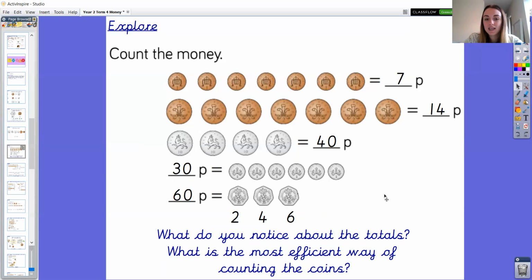Brilliant. Well done. So when counting 20p coins, the most efficient way is to count in 2s. What do you think could have been a more efficient way of counting these 5p coins? Please pause the video to discuss.